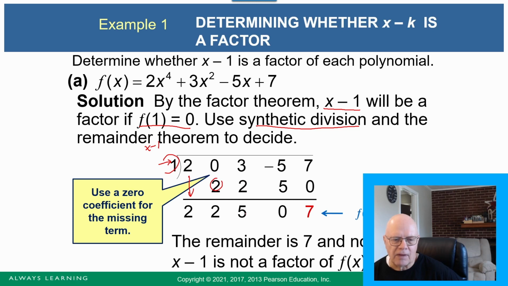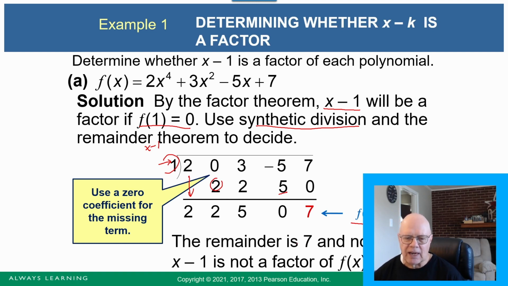You get a 5. 5 times 1. That goes here. Add those two. You get 0. And 0 times 1 is 0. But add it, and you get a 7. So that tells us two things. Well, first of all, it tells us f of 1 is a 7.